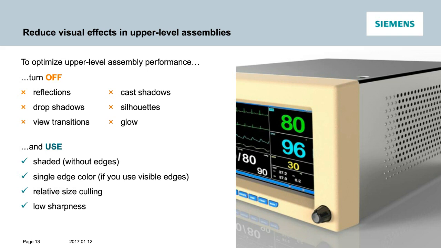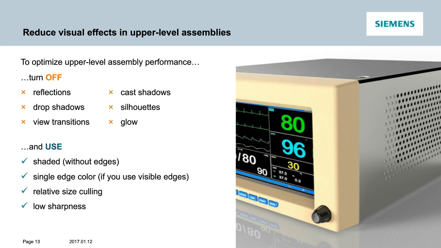So it's fine to use the flashy settings when you're working on individual parts or simple subassembly components, because the way your computer's set up, it'll handle that in small doses very adeptly. But when the going gets tough, you've got to leave these settings behind. Some of these are more costly than others, but there's a few types of items that you may want to turn off when you're working on an assembly that taxes your computer.